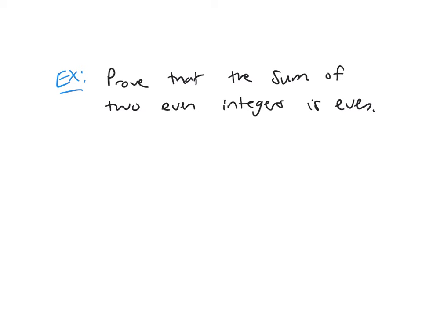So you're going to start by restating the statement as a universal conditional statement. So here, the sum of any two even, so it's going to be for all, and I need to choose letters, so I'm going to choose M and N. For all integers M and N, if, I need to write it in an if-then form, if what?